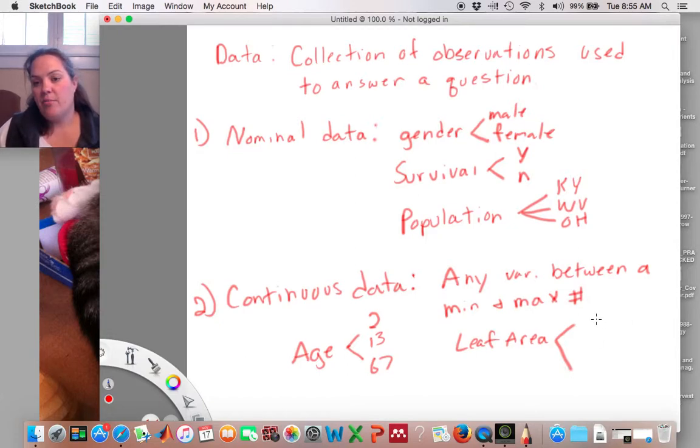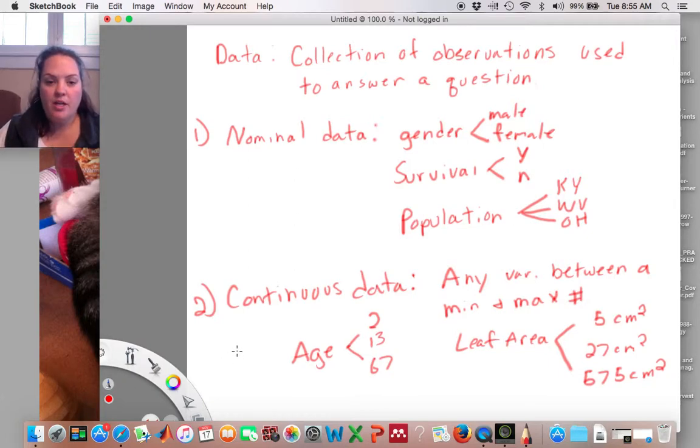So I could have a plant that, for example, has a leaf area of 5 centimeters squared, 27 centimeters squared, even up, believe it or not, to 575, let's say, centimeters squared. So I have a very broad range of numbers that my data could take. So I have a continuous data type.